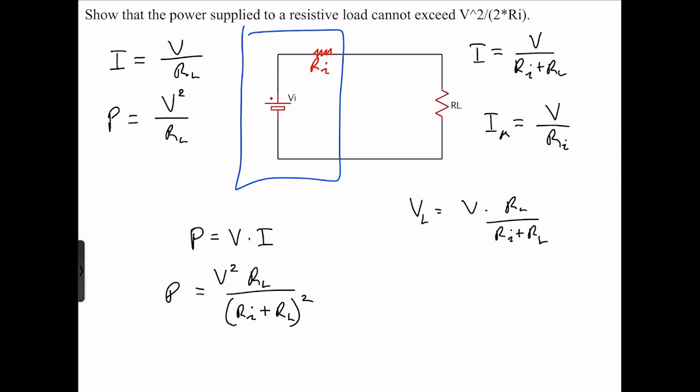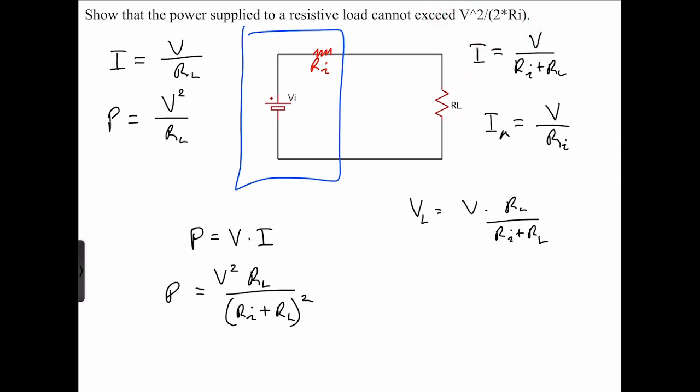We can find that by taking the partial derivative of the power equation with respect to RL to find at what value of RL will produce this condition. Remember, our true goal is to show that the power delivered to the load cannot exceed this guy.